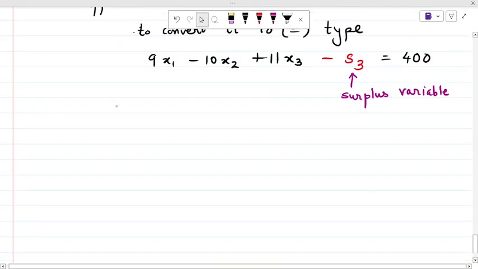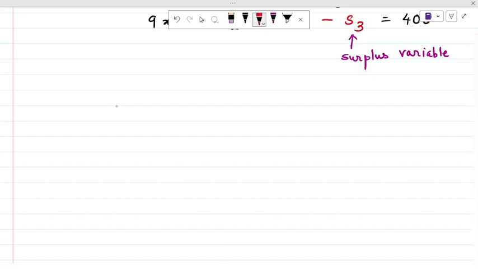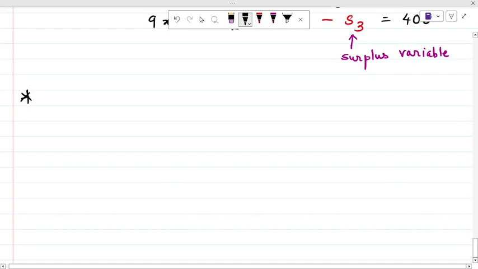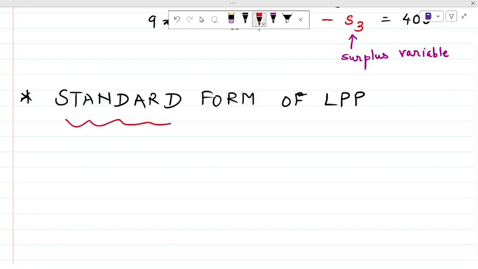Now we are in a position to understand the standard form of LPP.